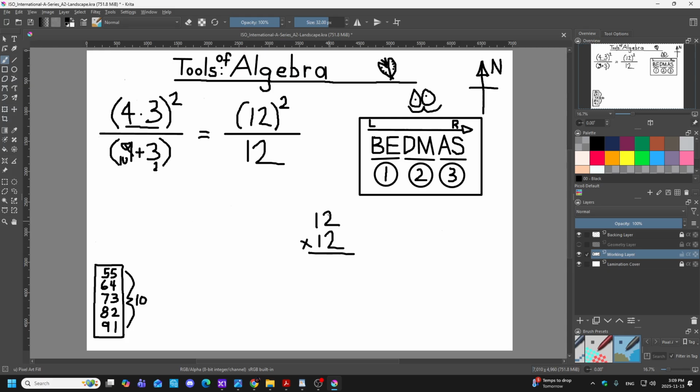Real easy, 1's place. 2 times 2 is 4. We're still working with this too. 2 times 1, which is 2. Now we're on the tens place. 1's tens, right? For that reason is why we need the 0 place filler.